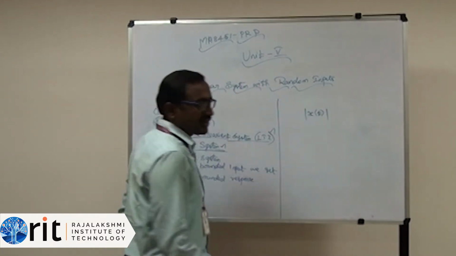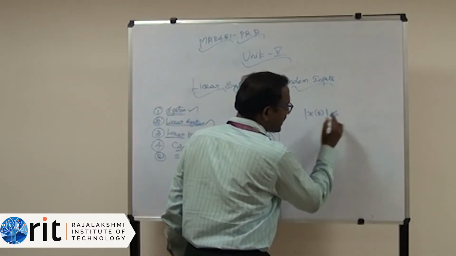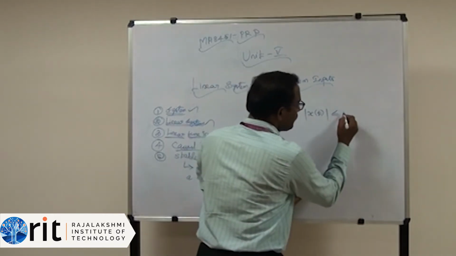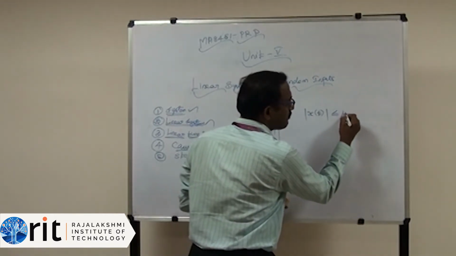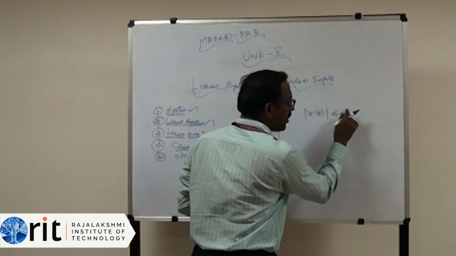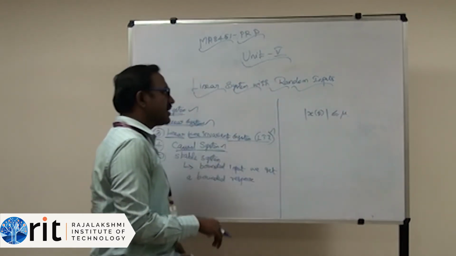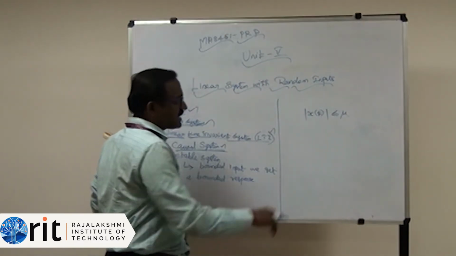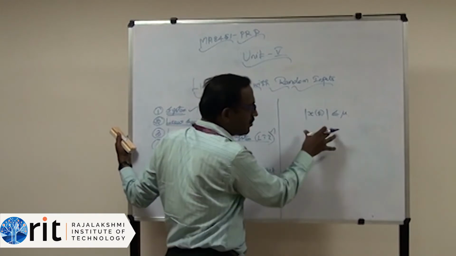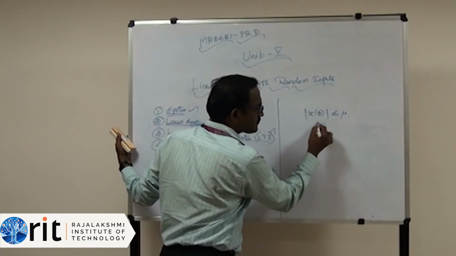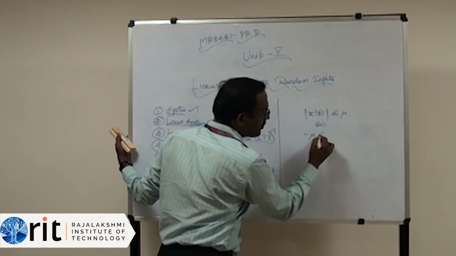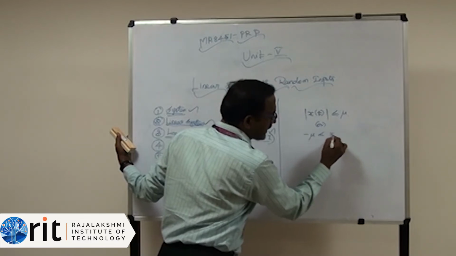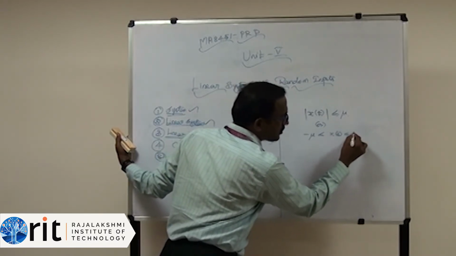So modulus of x of t is less than or equal to some constant, I take it as mu, or mu x, whatever the constant is. So modulus of x of t is less than or equal to mu. So for a bounded input, we can simply write minus mu less than or equal to x of t less than or equal to mu.